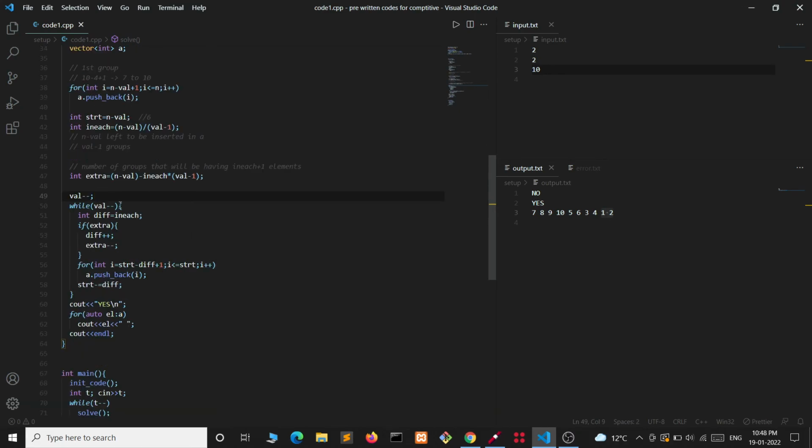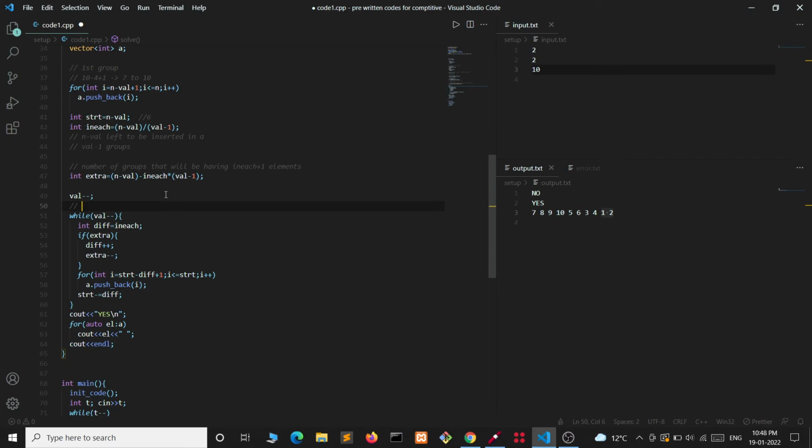After that we are decreasing the value of well by 1, so that we can do the computation for well minus 1 groups. After that, this is the simple thing we are taking, this is the difference, and if there is a value of extra left, then we are increasing this difference by 1 and decreasing the value of extra.